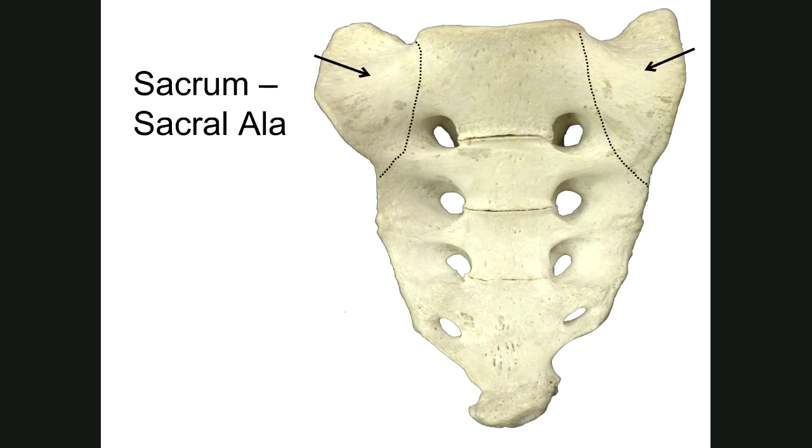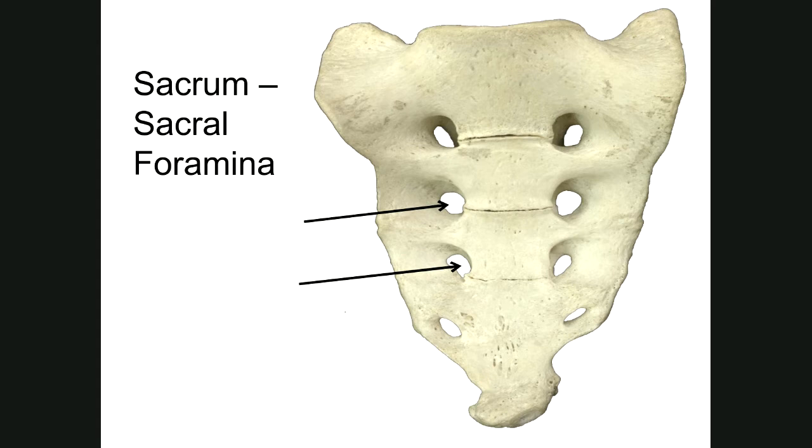So this portion here on the side, those are called the sacral ala, A-L-A, or ala. Those are like the wings. And if you notice, you have holes here. Well, you guessed it. Those are the sacral foramina. Again, that's where nerves are coming out.